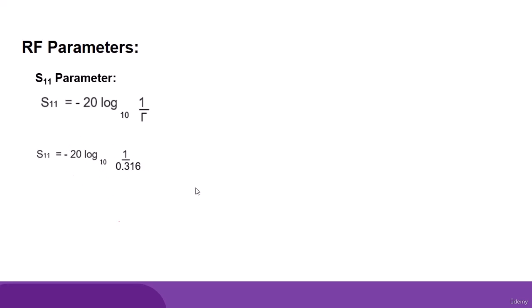I have input the value of the reflection coefficient calculated in the last step, which was 0.316, and after performing the mathematical calculation using the formula, we obtained the result that S11 is -10 dB. This indicates that if our antenna is radiating at 90% transmission, then the S11 parameter would be minus 10 dB. This suggests that the S11 graph should be less than minus 10 dB.